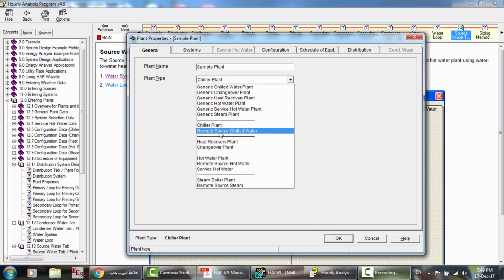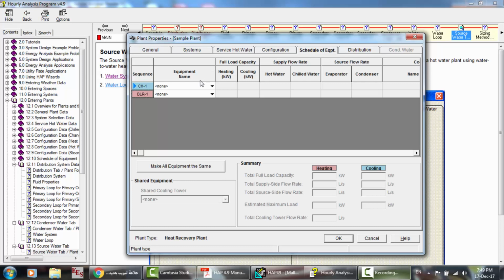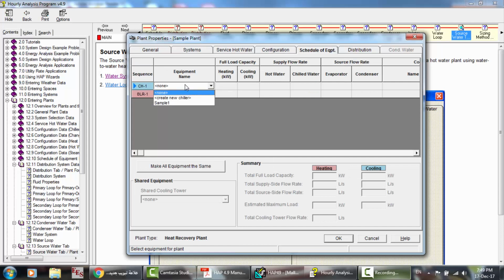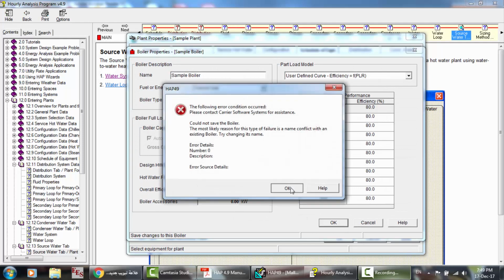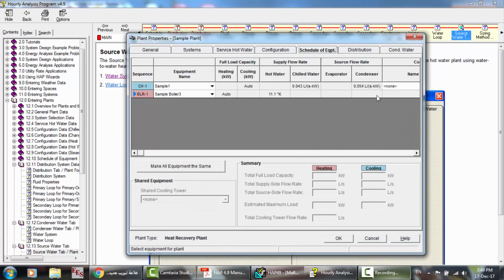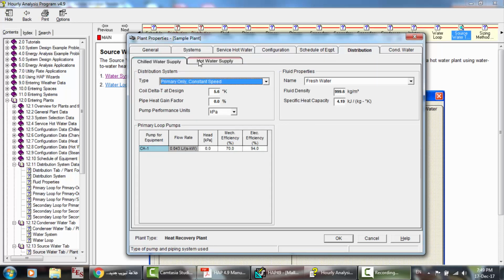Okay, gentlemen, here also for the remote source, you'll find system and distribution, and for the heat recovery, you can get this. The configuration is cooling and heating. Here the schedule. Okay, you find here the distribution.